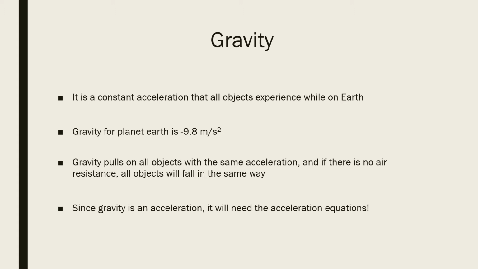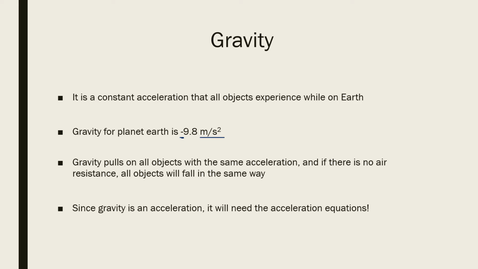Since we live on Earth and most of our experiences will be on Earth, we're going to assume that most of the work that we do in this class is going to take place on planet Earth. So it's worth knowing that the gravity for planet Earth is negative 9.8 meters per second squared. The negative means down. Meters per second squared means it's an acceleration.